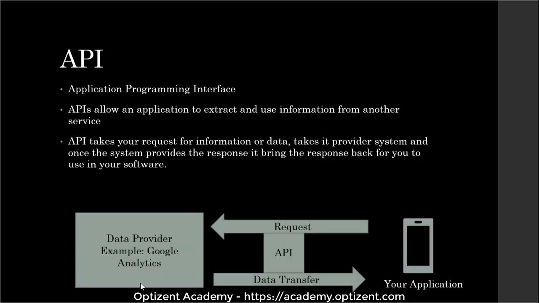For example, you have a data provider, Google Analytics, that provides all the analytics data that it has collected for you to use in your application. Granted, you have access to that data. Your application makes a request, it goes to Google Analytics via the APIs, and then Google Analytics provides a response via APIs and transfers the data over to your application.